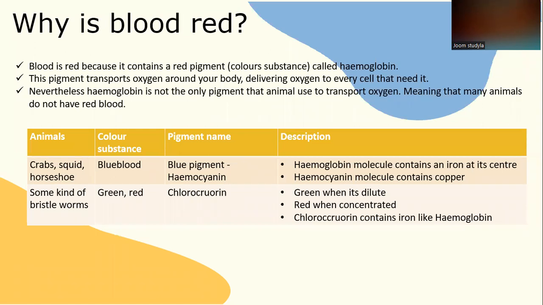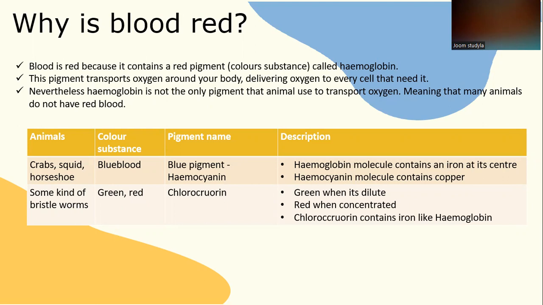Animals like crab, squid, and horseshoe crab have blue blood, and the pigment is called hemocyanin. A hemoglobin molecule contains iron at its center, but a hemocyanin molecule contains copper.